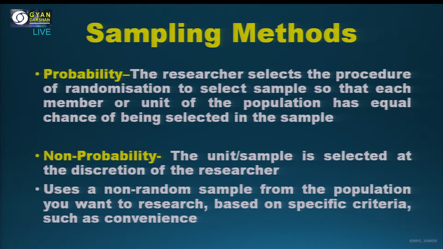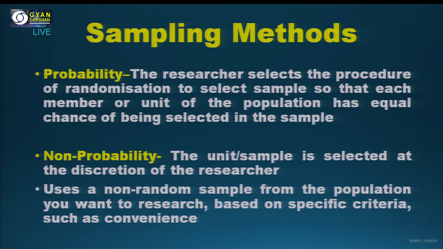One is the probability sampling method, the other is the non-probability sampling method. What is the probability sampling method? As the name indicates, each individual, each unit, each member of the population gets an equal chance of being selected. That's what the probability sampling method is.